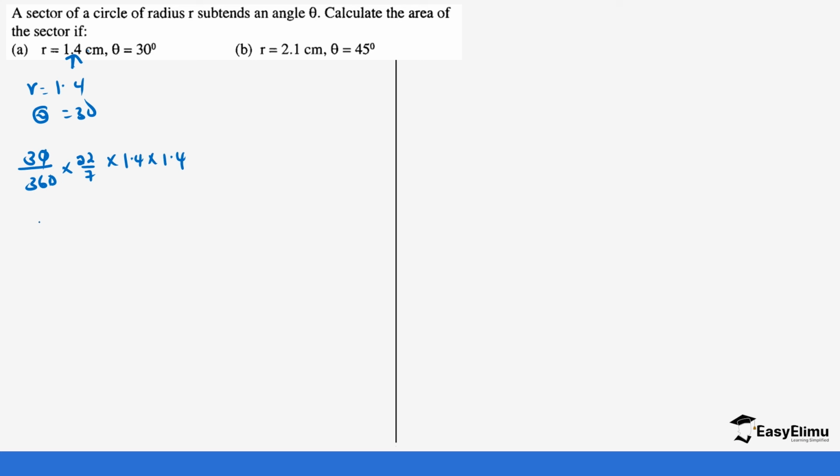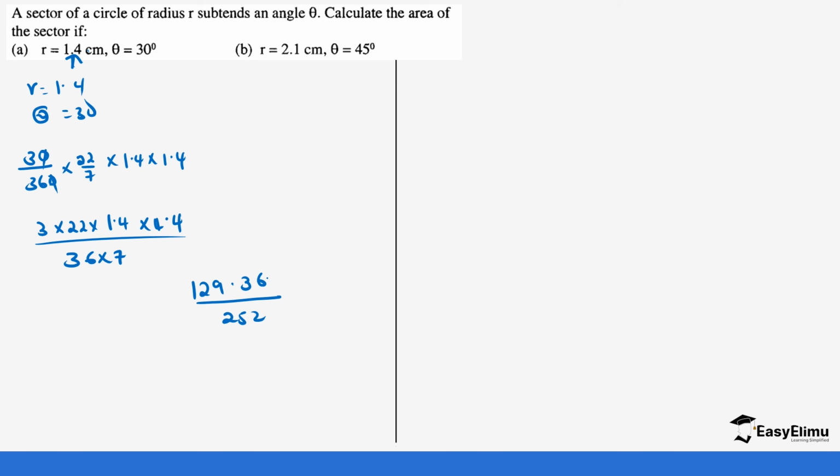This is the same as 3 times 22 times 1.4 times 1.4 divided by 36 times 7. So 3 times 22 times 1.4 times 1.4 gives us 129.36. And remember we had done this before, that 36 times 7 is 252.